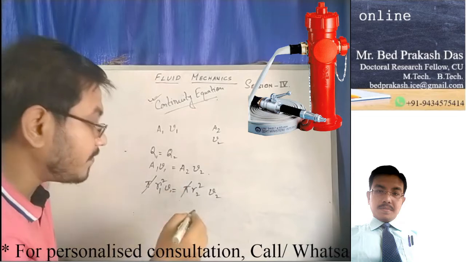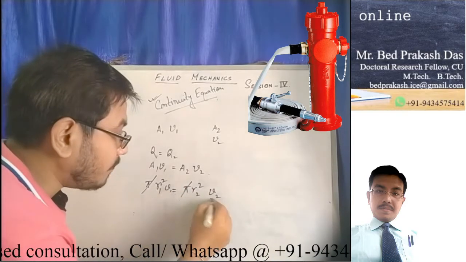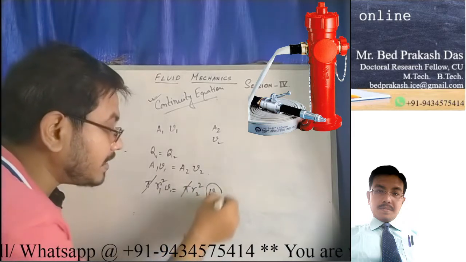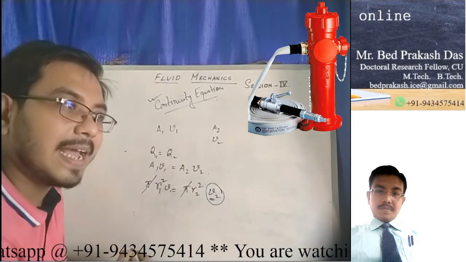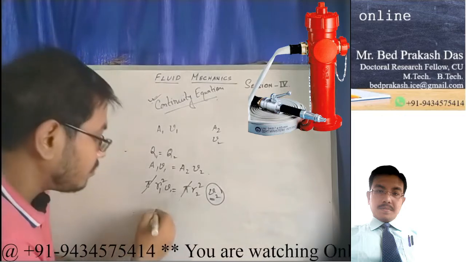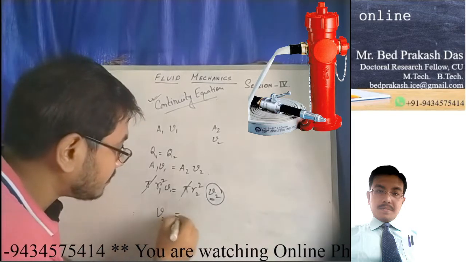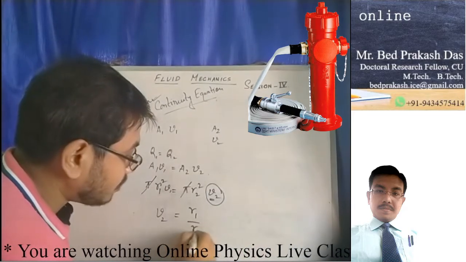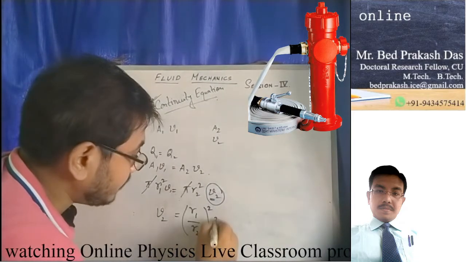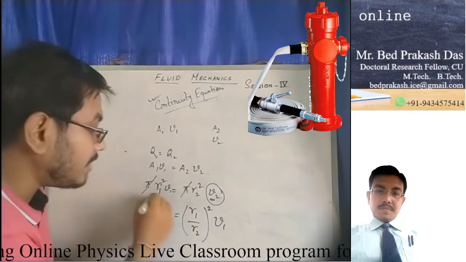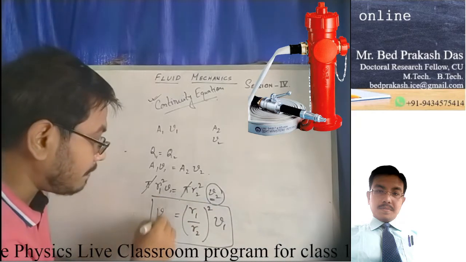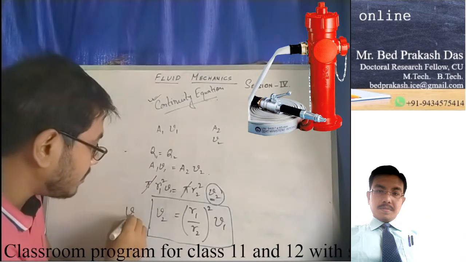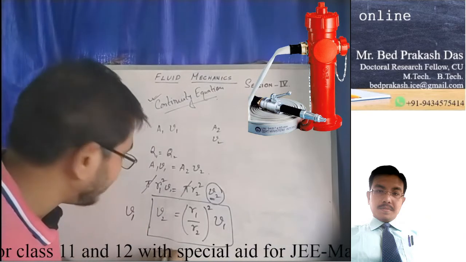If we want to know V2, it is sometimes asked what will be the velocity of the water at the end of the pipe. For that purpose, V2 equals (R1 by R2) whole squared into V1. This kind of formula is also applicable whenever you are asked with how much velocity the fluid is leaving the hydrant nozzle.